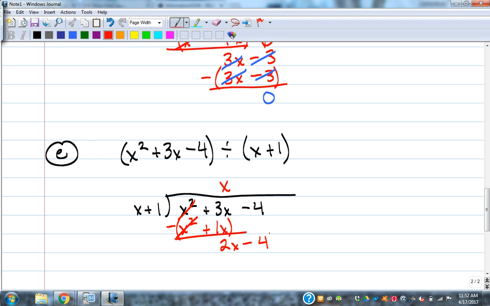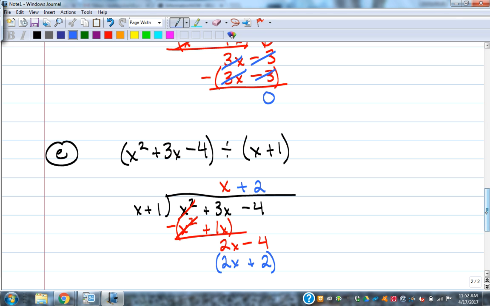Then I look at it and say, what times this x here gets me 2x? 2. So I need a plus 2 up top. I'll use a different color. What do I do with that plus 2? Multiply it times the x plus 1. So that's 2x plus 2.